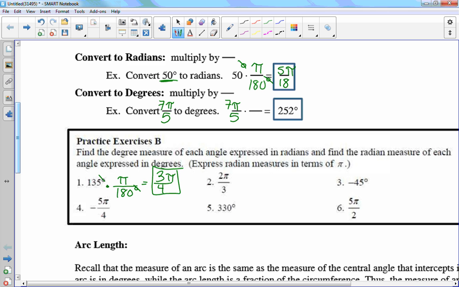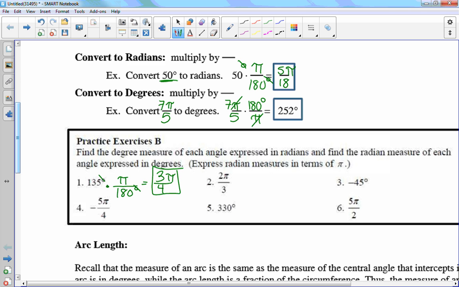Because if I'm in degrees, I shouldn't have a pi anymore. I have pi on the bottom. So we're flipping our fraction this time. Pi's on the bottom, but what's on the top? What's the degree for pi? 180 degrees. The pi cancels, and it leaves just the degree.